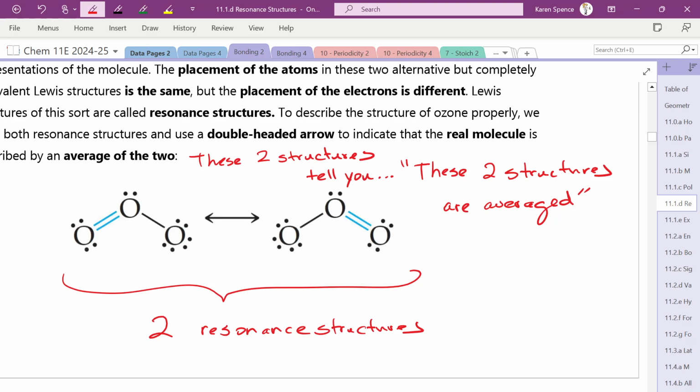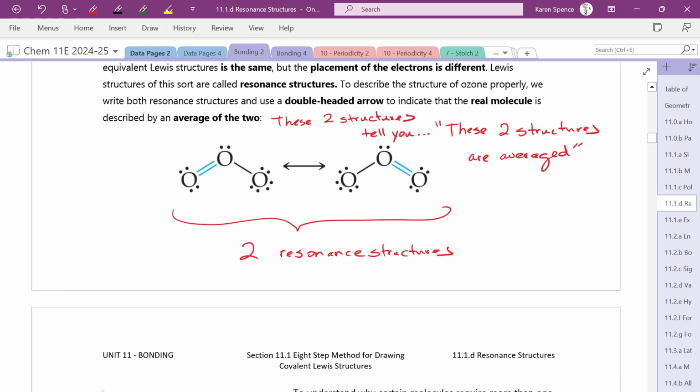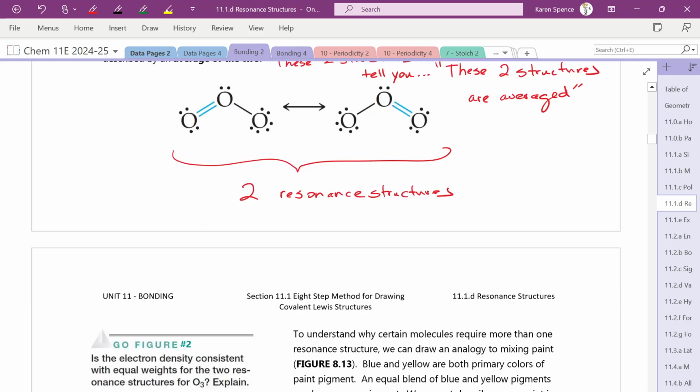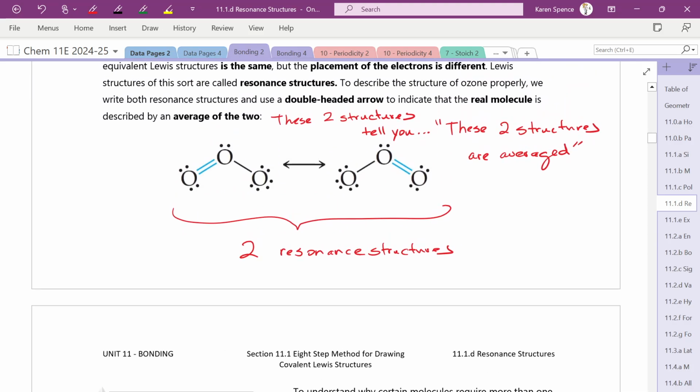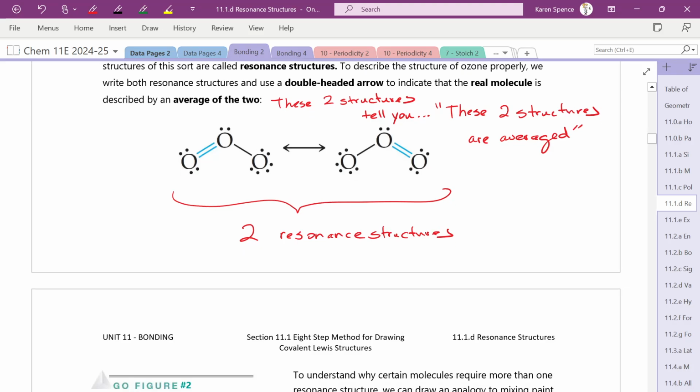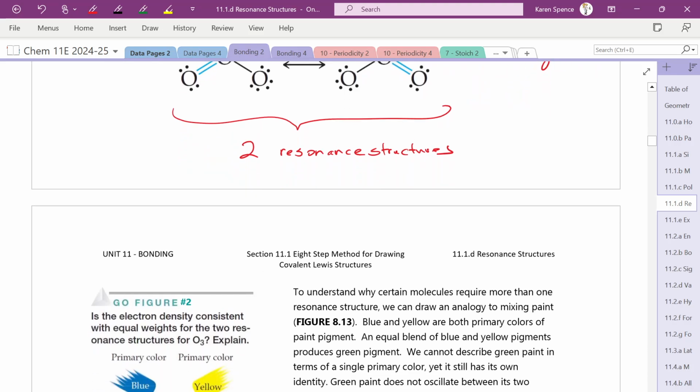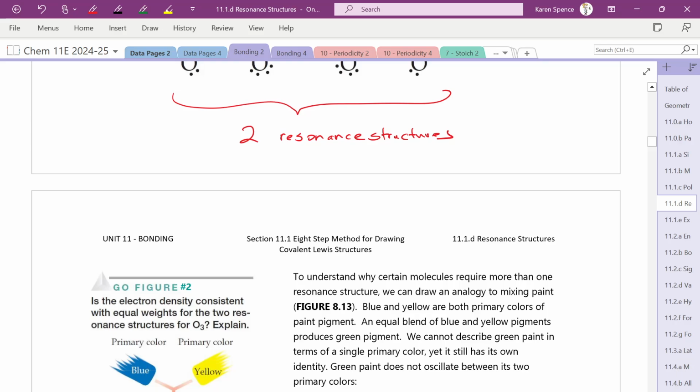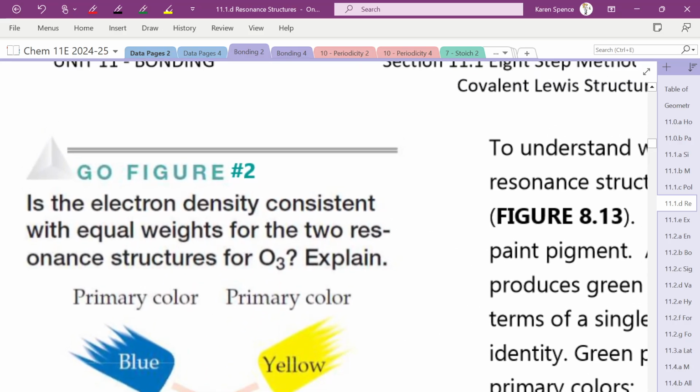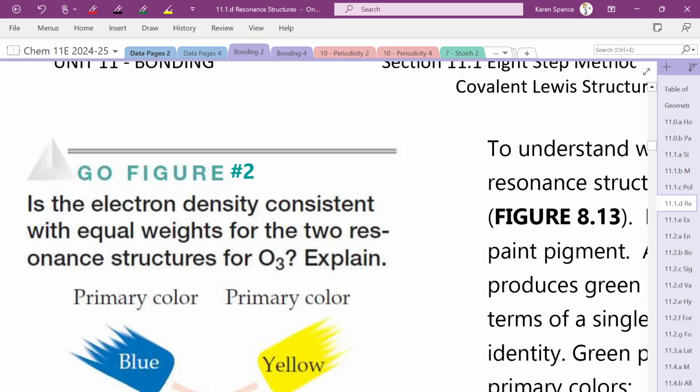So they really don't have a bond on one side and a bond on the other side. What really happens, did I move that too quickly? Are we good? It's like if you have blue and yellow, and you go back and forth between blue, yellow, blue, yellow, but really, what do you have? You have green.